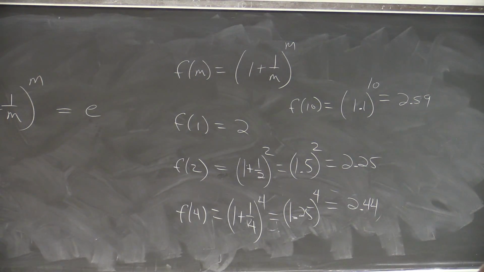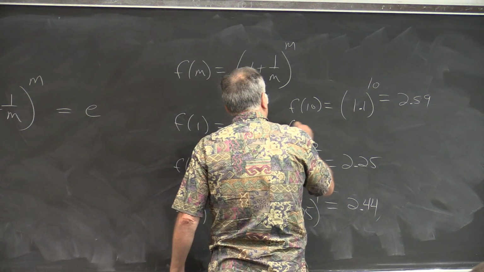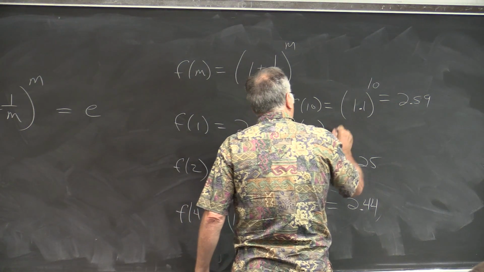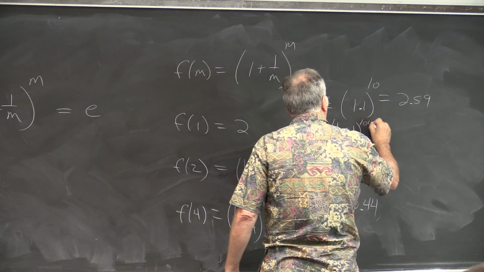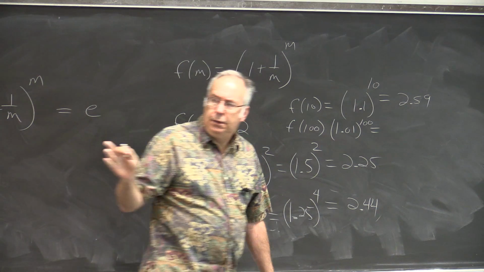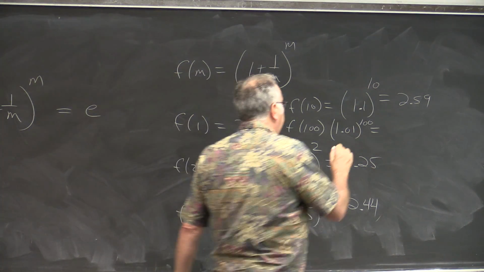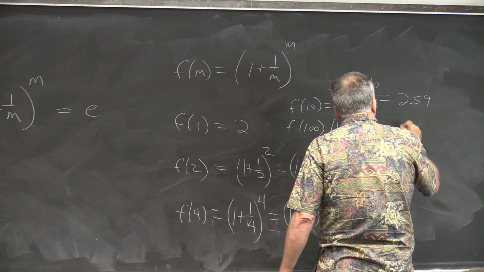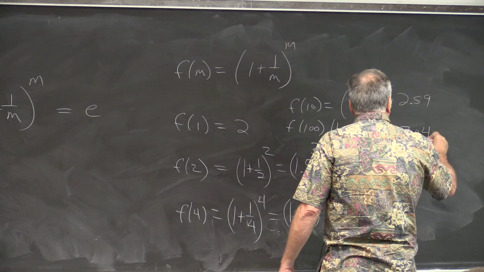And I'll just assert, if you try, maybe we should try 100. Let's try 100. What is f of 100? That would be 1.01, wouldn't it, to the 100 power. Okay. Somebody over here? 2.7048. Yes, sir. Thank you. That's pretty good.